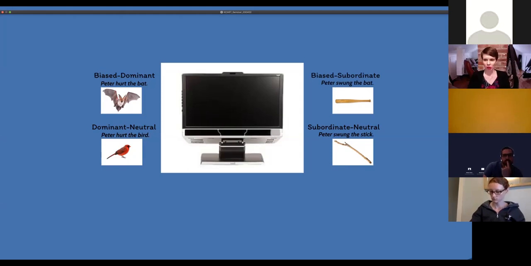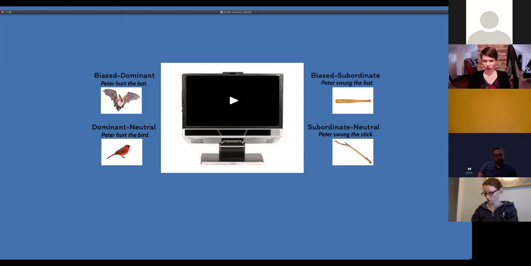Basically, what has to occur in order to accurately process these sentences is you have to override the dominant meaning, integrate the context to get to the subordinate meaning. So I'm going to show you just a quick video of what these eye movements look like. You'll see all 4 conditions, but I'll walk you through what you're seeing in the bias subordinate condition when we get there.